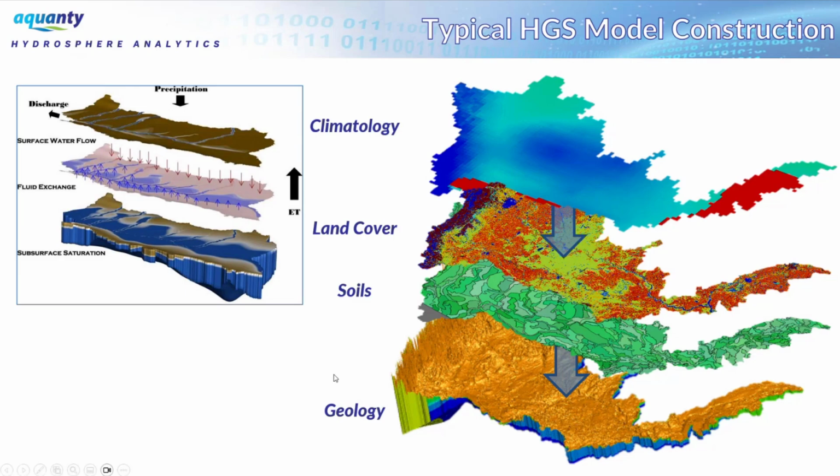As well, once we get into boundary conditions, you also need to have an understanding of where water is supposed to come from and where it's supposed to go in your model. So that's all part of a conceptual model as well.